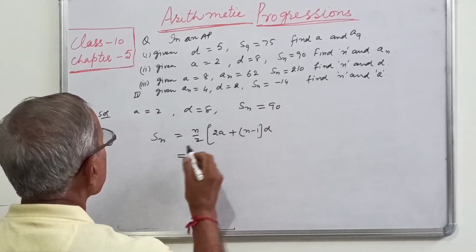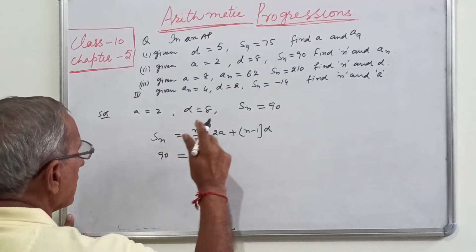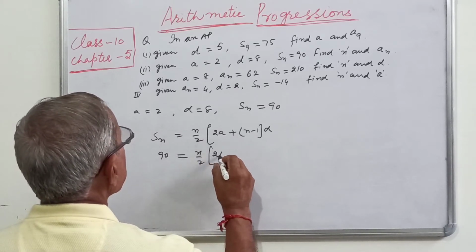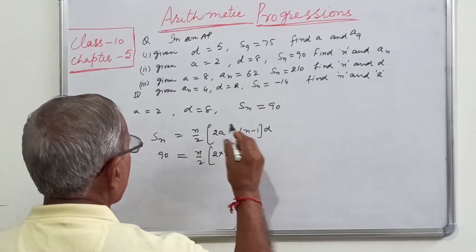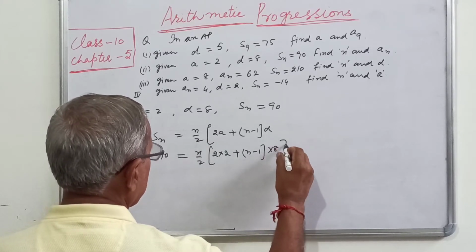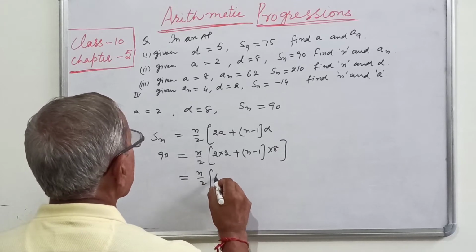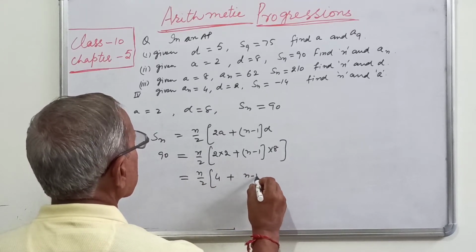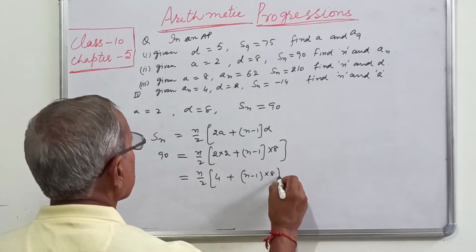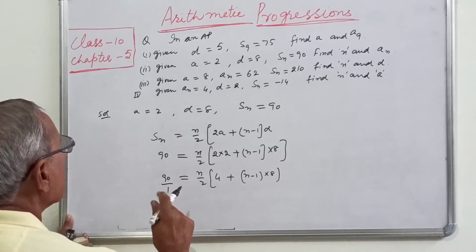So Sn here is 90, n upon 2, 2 into 2, n minus 1, d is 8, n upon 2, 4, n minus 1, so multiply by 8, 90 upon 1.